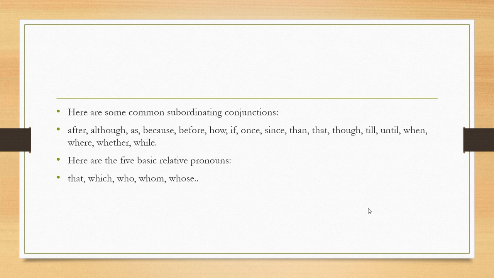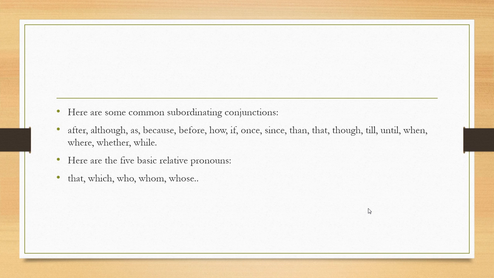Okay, here are some common subordinating conjunctions. Remember and try to learn the list of the subordinating conjunctions that are commonly used. After, it's a subordinating conjunction. Although, it's also a subordinating conjunction. As, again a subordinating conjunction.